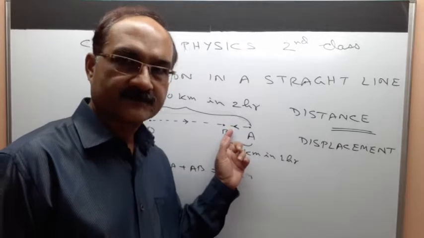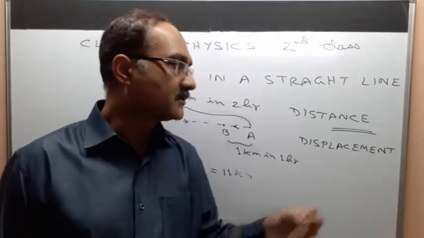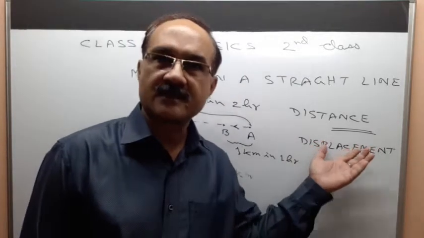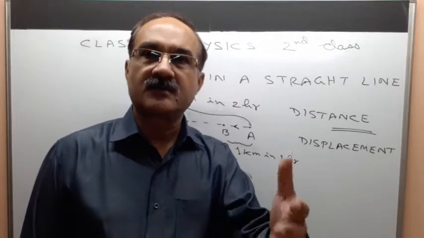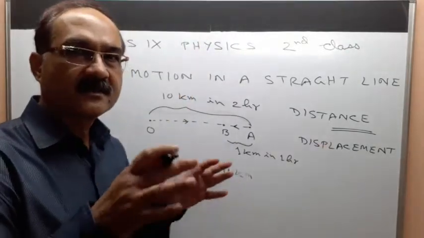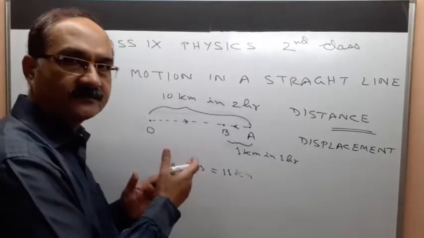Displacement is defined as the shortest distance between the initial position of the body and the final position of the body. Okay? There is one more aspect we have to consider while talking about displacement, that is the direction of the displacement. That I will come to later, but first let us understand what will be the displacement in this case.